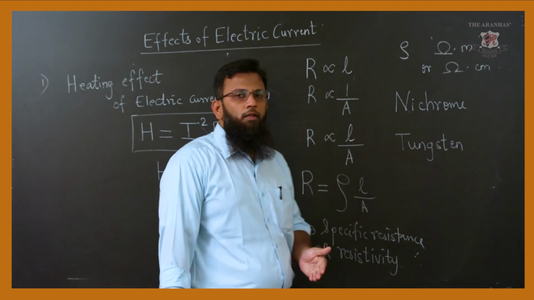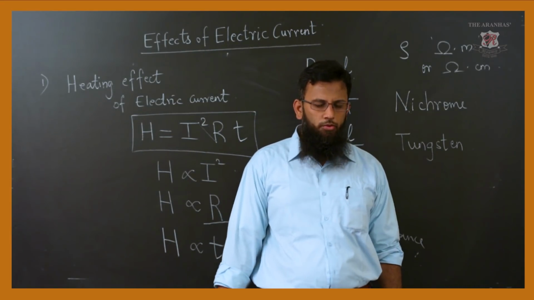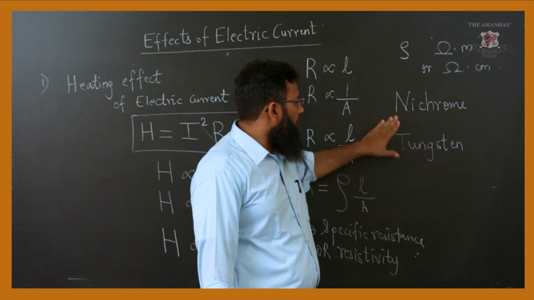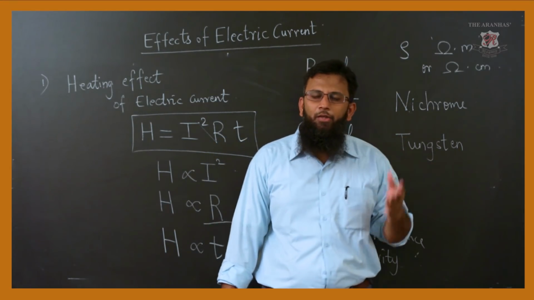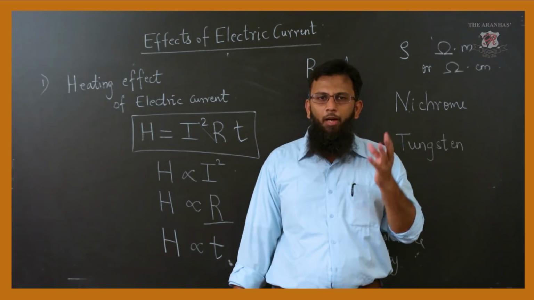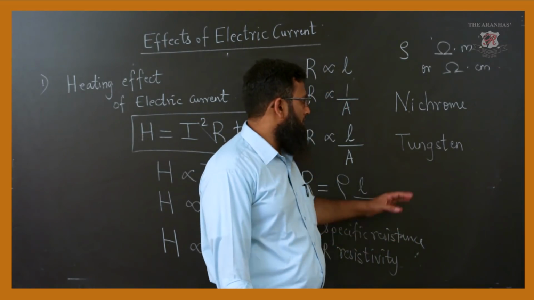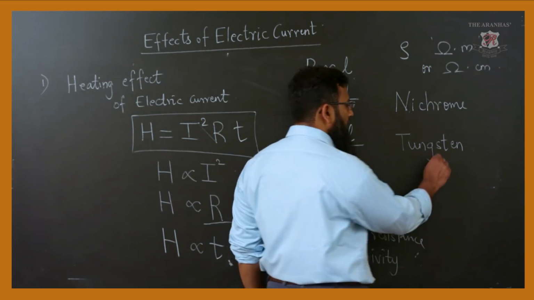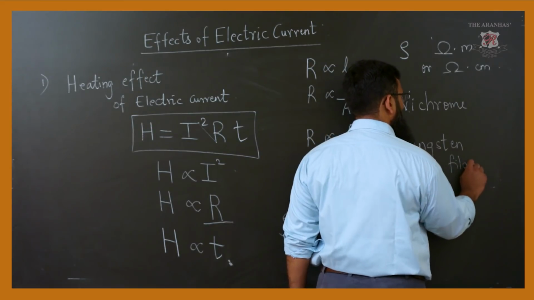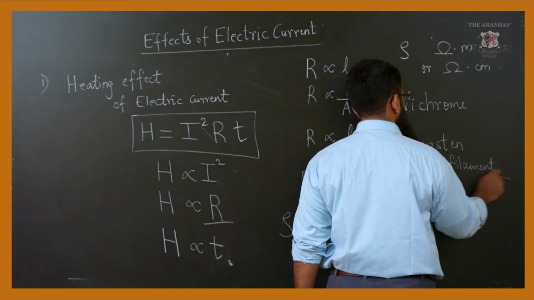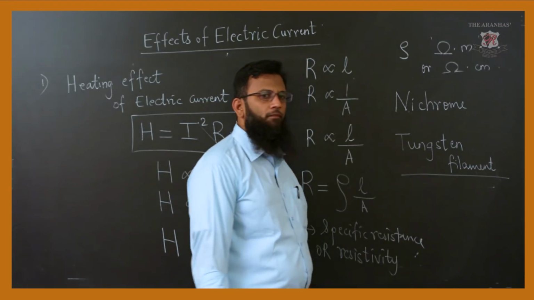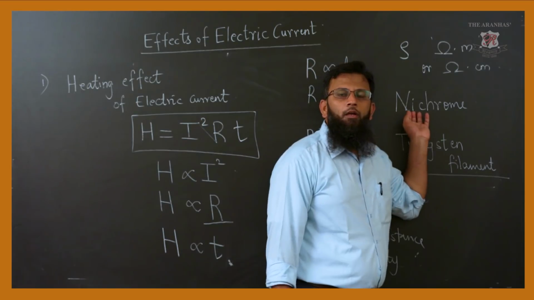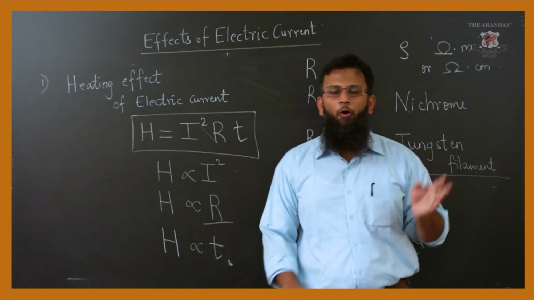Generally, these are those materials which are used in case of heating effect. We have seen in our day to day life, we use bulbs for lighting purposes. In that case, you will find the material which is used in the filament is tungsten, and nichrome is generally used in the form of a coil.